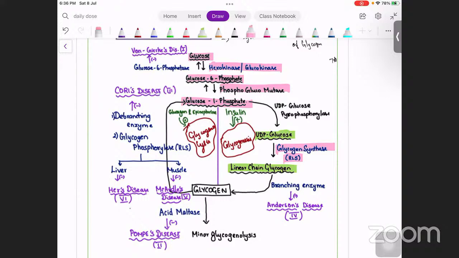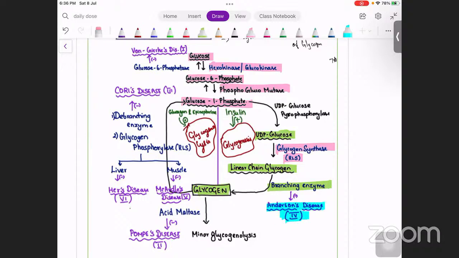Then linear chain glycogen to normal glycogen by the branching enzyme. Deficiency of this branching enzyme could result in type 4 glycogen storage disease, called Anderson's disease.